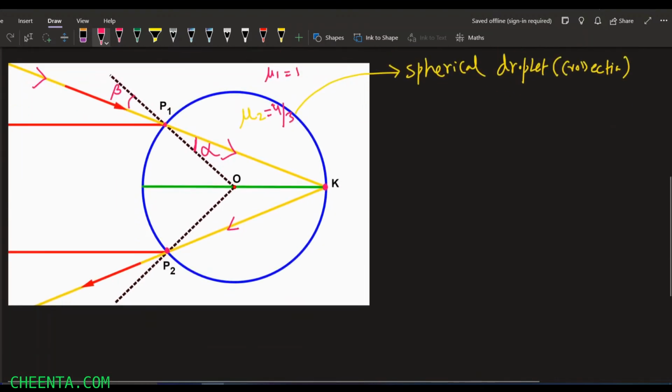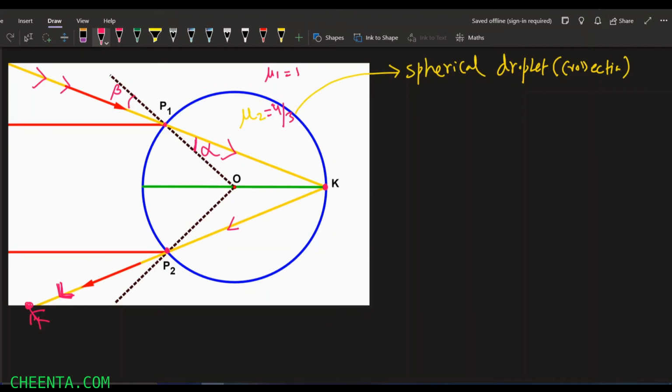So this particular ray, here you are standing, so this ray is your ray. This ray which is coming out of the droplet is your ray, and this one is the ray which is coming from the sun.